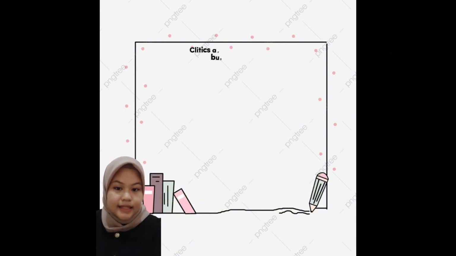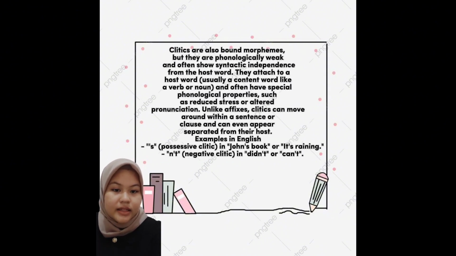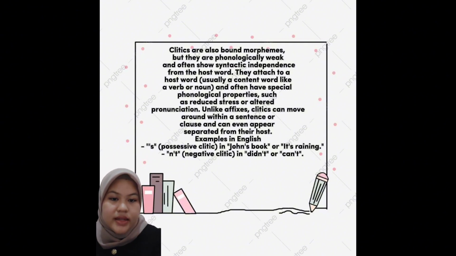And yeah, clitics. Clitics are also bound morphemes, but they are phonologically weak and often show syntactic independence from the host word. They attach to a host word, usually a content word like a verb or noun, and often have special phonological properties such as reduced stress or altered pronunciation.